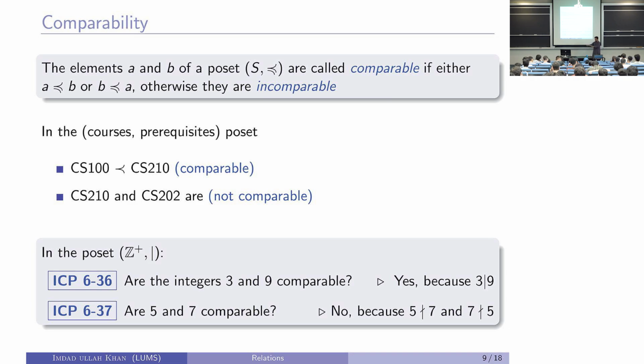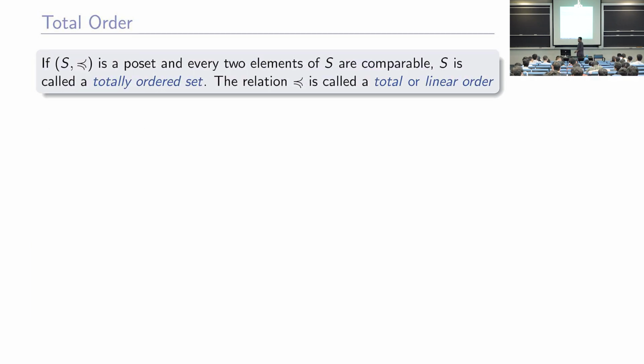The next main concept is total order, a totally ordered set. Like partial order, hopefully the word partial will be clear there. A poset, a set together with a partial order relation, is called a total order if every pair is comparable.